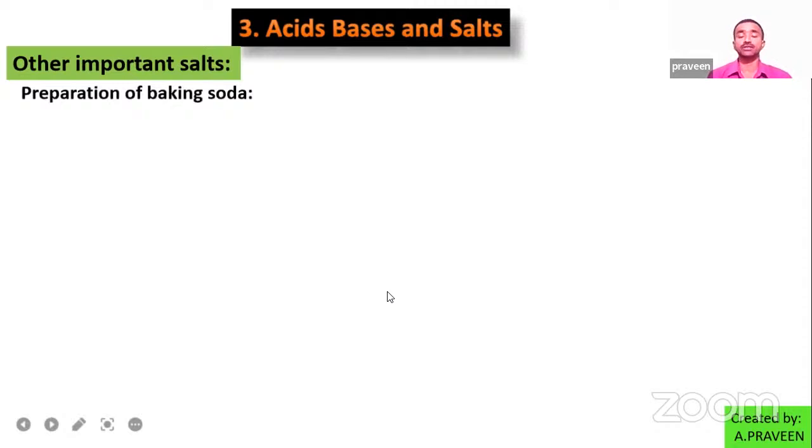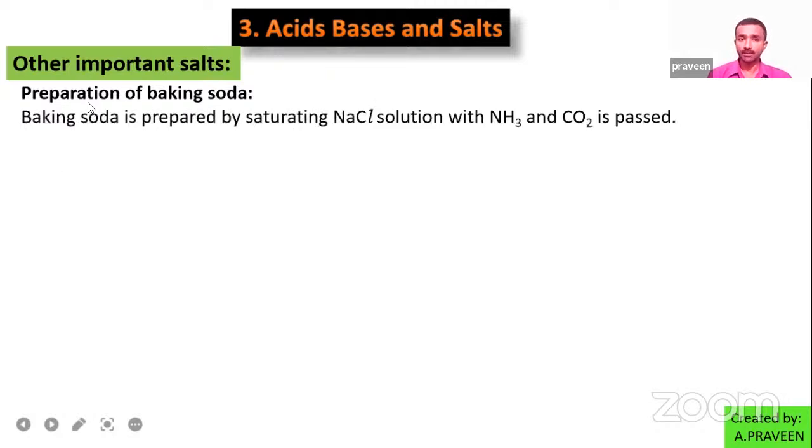How can we prepare baking soda? Baking soda is prepared by saturating NaCl solution with ammonia and carbon dioxide.